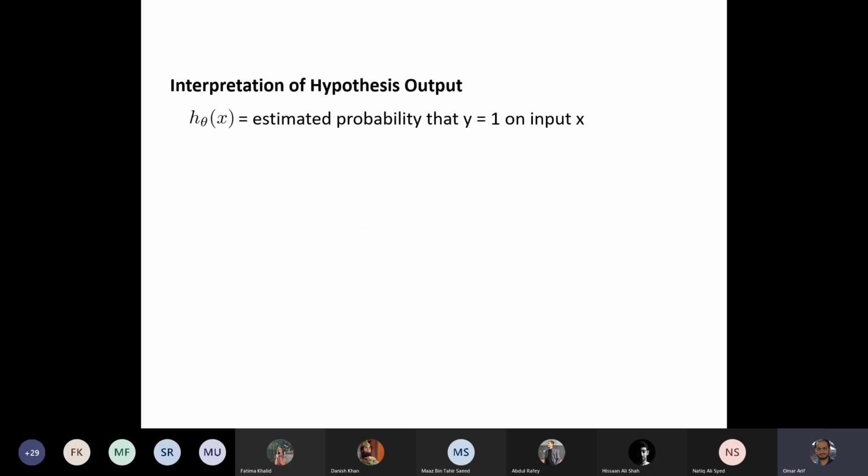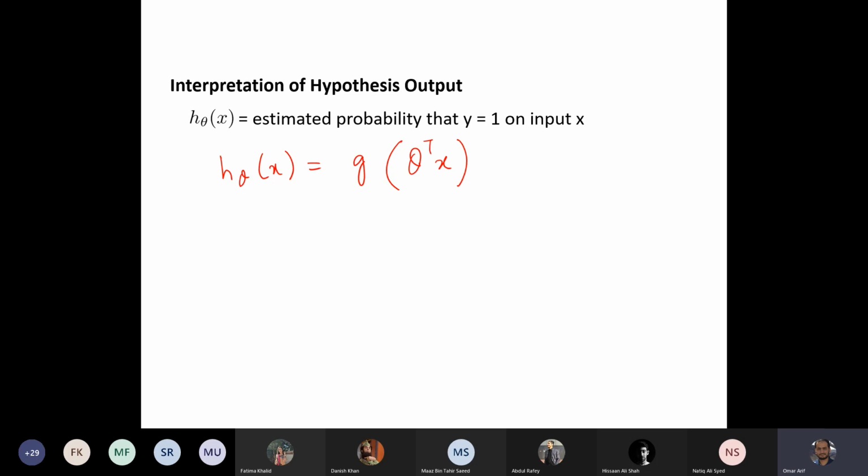Okay, so what is the interpretation of this hypothesis? My hypothesis is now this sigmoid function or logistic function, for this lecture we can also call it G, doesn't matter, of theta transpose x. This is my hypothesis function.